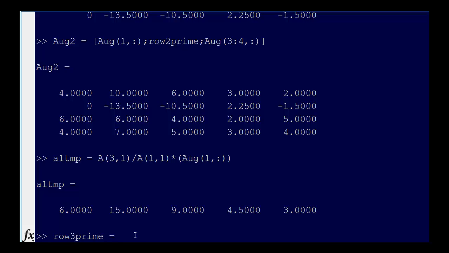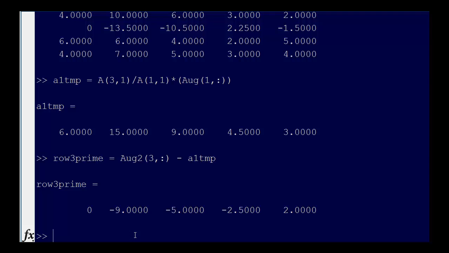That's just going to be row 3 of aug2, the third row, all the columns, minus A1 temp. Okay, so that should zero that entry out. Sure enough, it did.